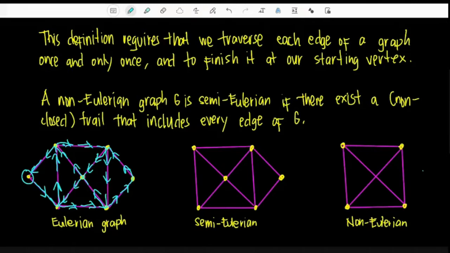Now, as for a semi-Eulerian graph, let's say I start in this vertex here. So I can go out to any of the edges. So let's say I go out here at the center.